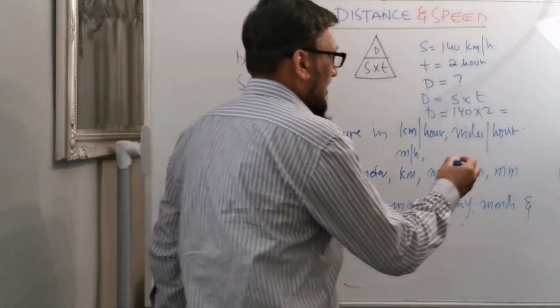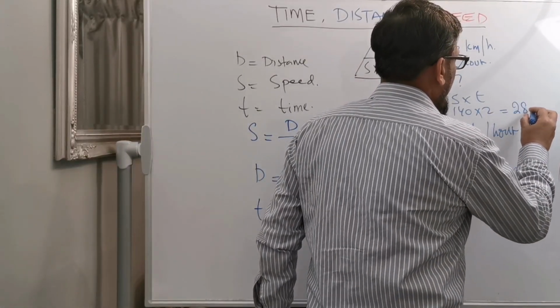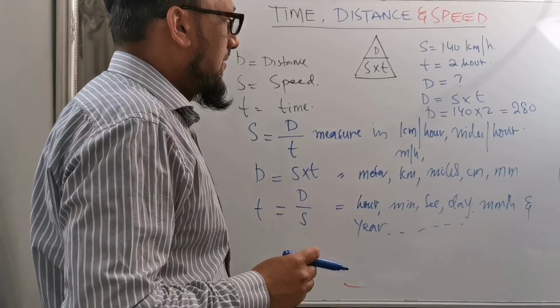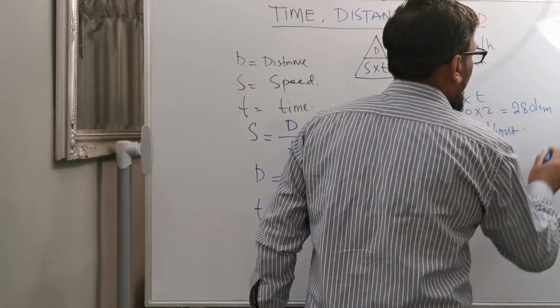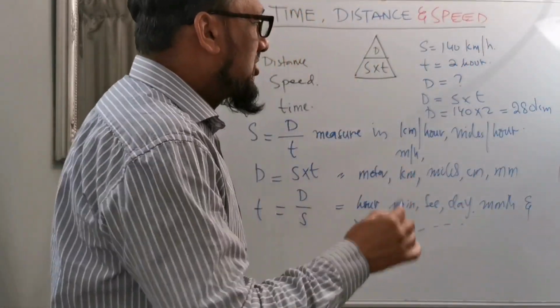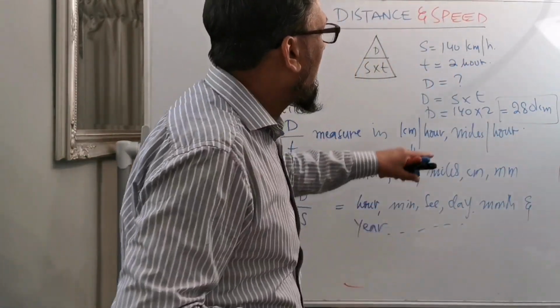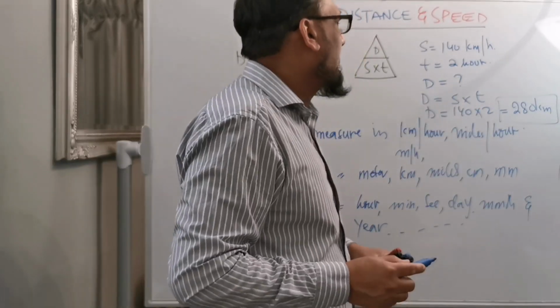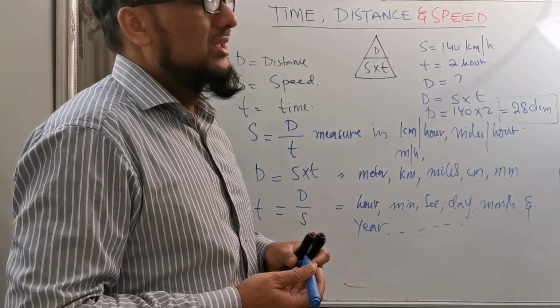So the total distance will be 280 kilometer. You must write the unit at the very end. So if you know the speed and the time, you can work out the distance.